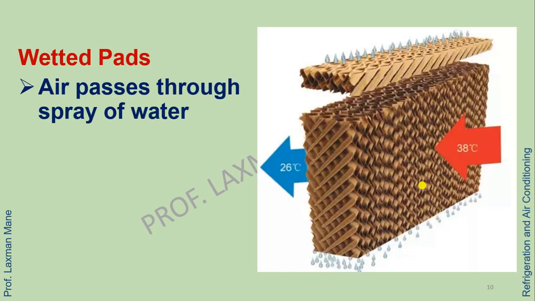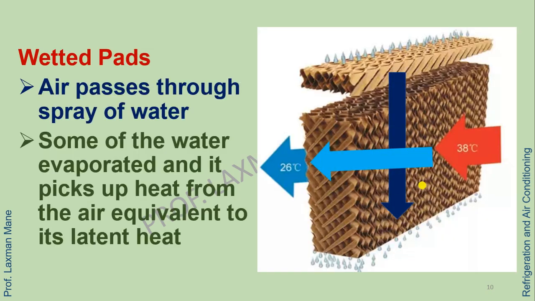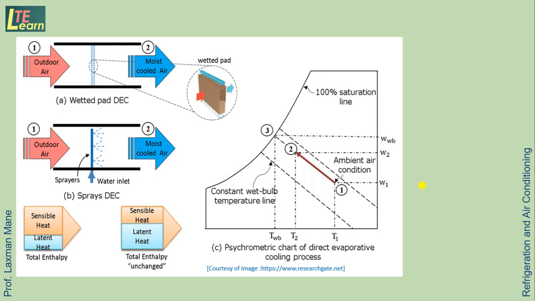So when air passes through spray of water, some of the water evaporates and it picks up heat from the air equivalent to its latent heat. Means here when outdoor hot air comes in contact with water particles, then sensible heat of air is received by the water and it is converted into vapor.